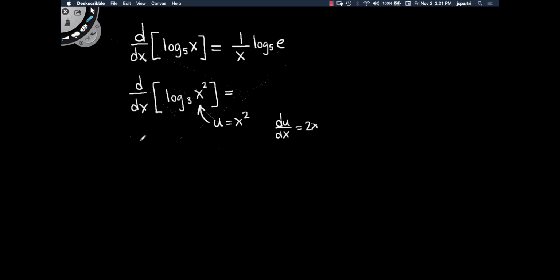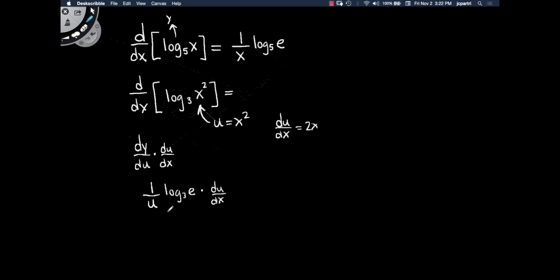And so this would become the derivative of the function, which I'll call y, the derivative of y with respect to u times du dx. So this becomes 1 over u, if I let this be u, times log base 3 of e times du dx.